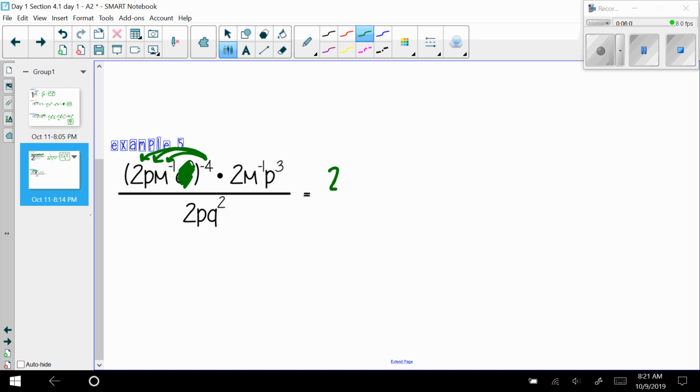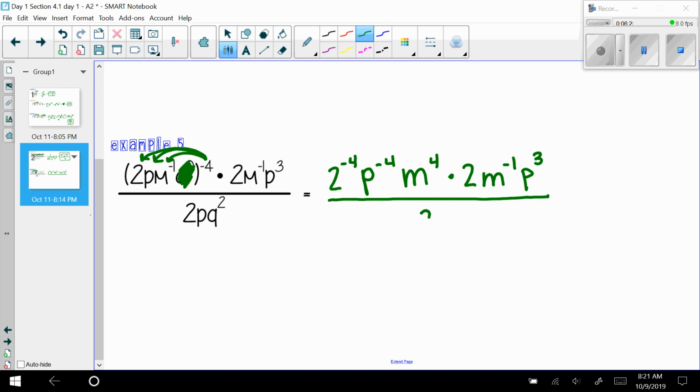So I get 2 to the -4th, p to the -4th, m to the, that's going to become a +4, times 2m to the -1, p to the 3rd, all over 2pq squared.